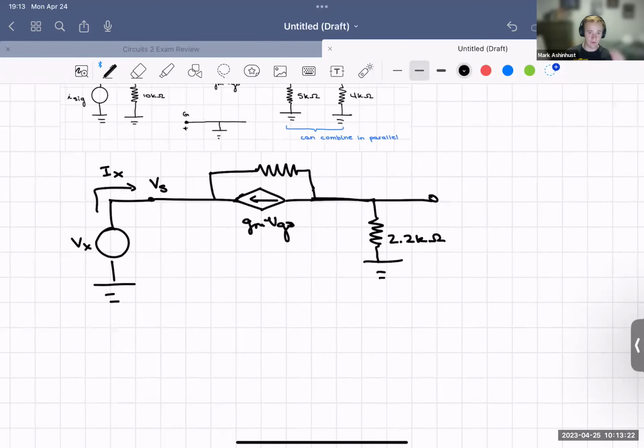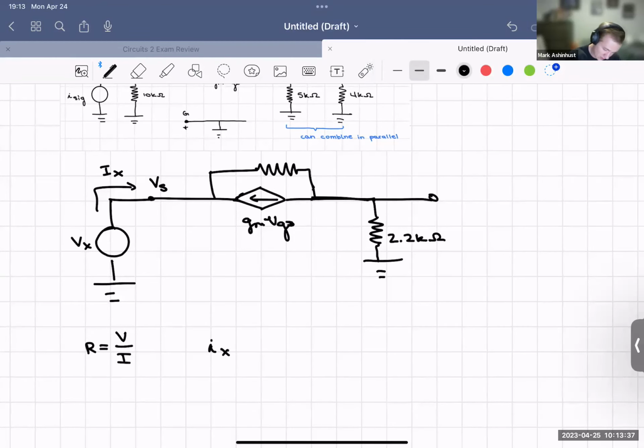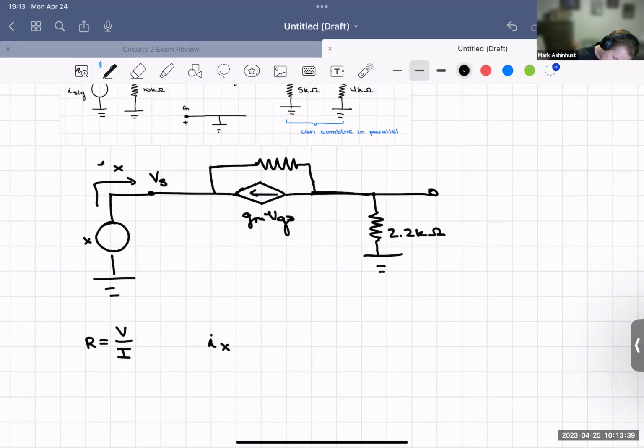And then we'll just solve for Rin, which is much easier than what we had with the BJT. We know resistance is input voltage over input current. Ix we have here, I'll rewrite this. This should be a little i, little v.